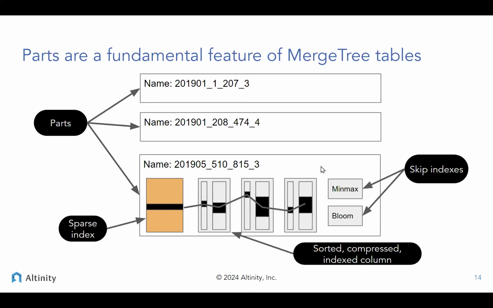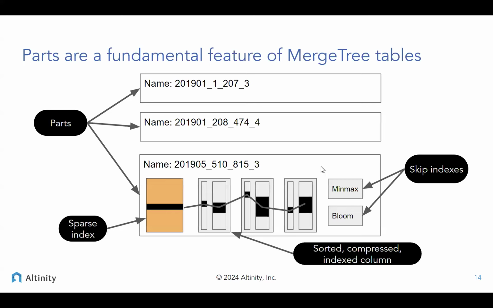For example, if you have time series data, perhaps from observability systems, it'll have a timestamp. What you might do is partition the data to group all the data from a single month in a single partition.